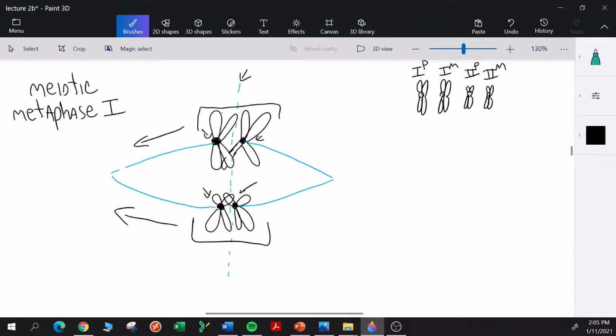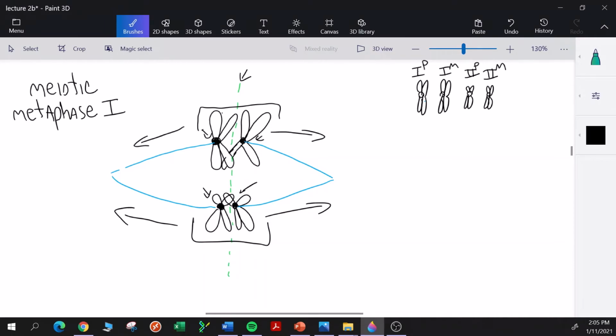So for the pair at the top, this chromosome on the left is going to go towards the left, the other one's going to go towards the right. Same thing for the bottom. The one on the left is going to go to the left. The one on the right is going to go to the right. By pairing them up, and making one go in one direction and one go in the other direction, it can make sure it forms complete sets of chromosomes.